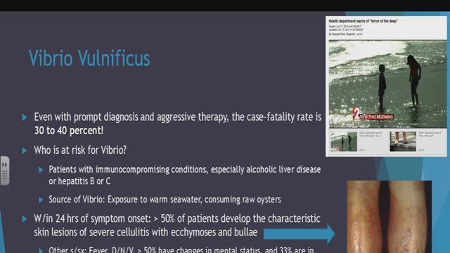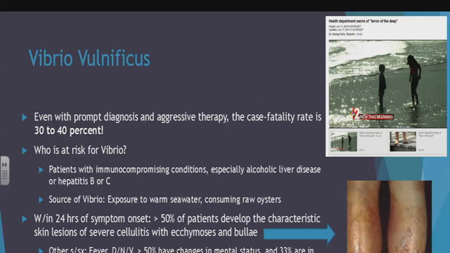Even if you diagnose it promptly, start antibiotics, take them to the OR and clean up everything, even with that, the case fatality is 30 to 40%. And if you don't diagnose this, the case fatality is 100%. So it's not something that self-resolves, and it is a serious infection. So who is at risk for Vibrio?